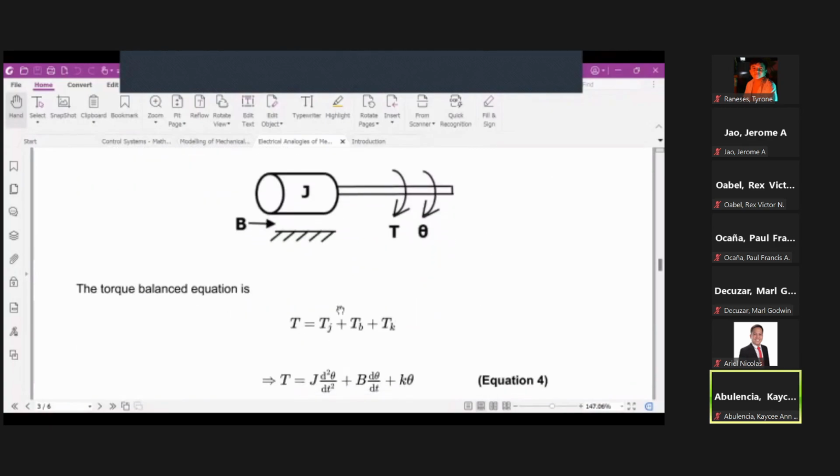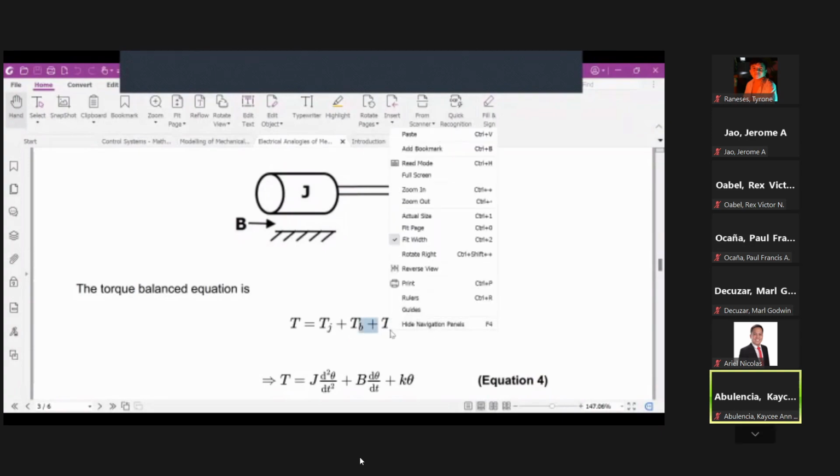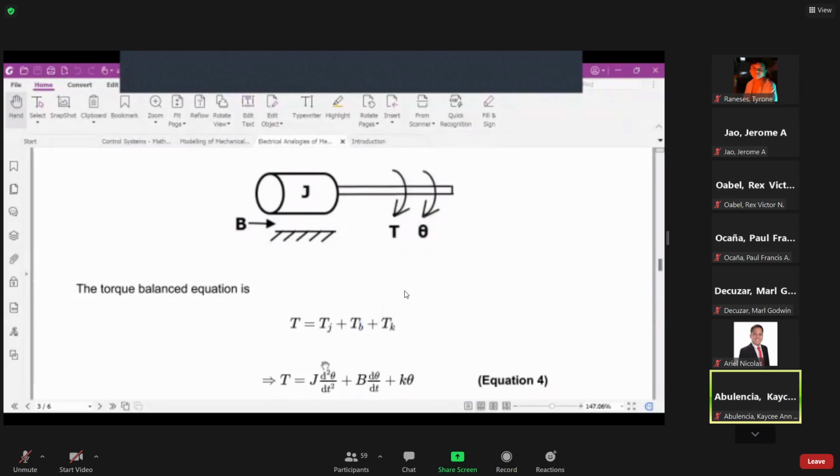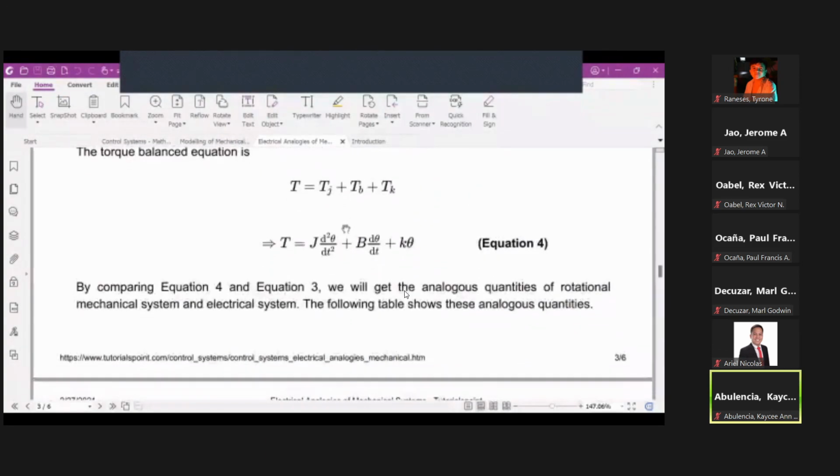So the torque balance equation, therefore, will be what? You have T equals TJ plus TB, or the torque acting on the damper, plus TK, which is the torque acting on the rotational spring. When we write this as a differential equation, the applied torque is equivalent to the summation of the opposing torques.